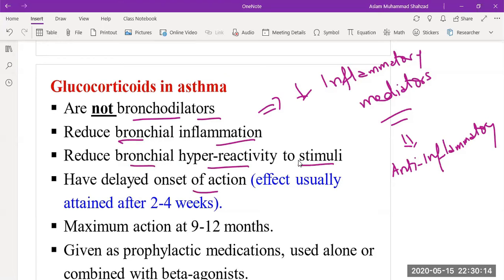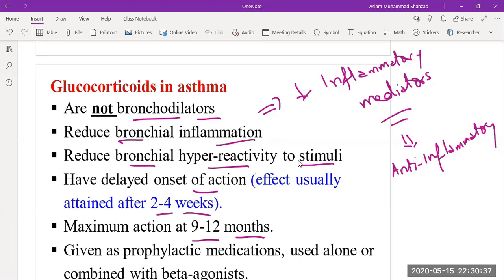They have a delayed onset of action, and the effect is usually attained after 2 to 4 weeks. So it means that the effect will not occur immediately. It takes time, 2 to 4 weeks, and a maximum action at 9 to 12 months. So it means that in chronic asthma we are giving these glucocorticoids, not in acute asthma.